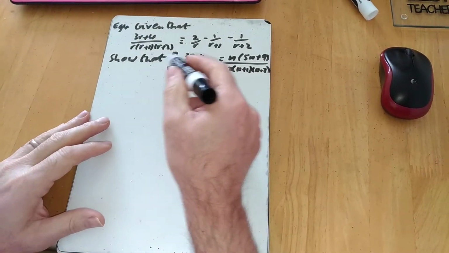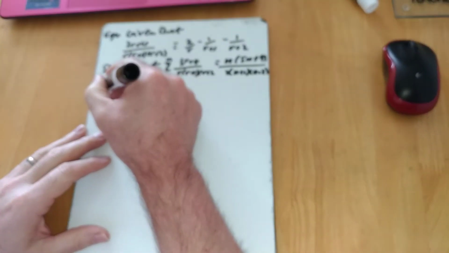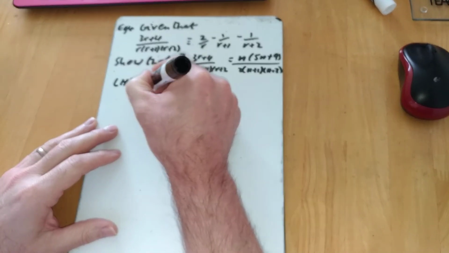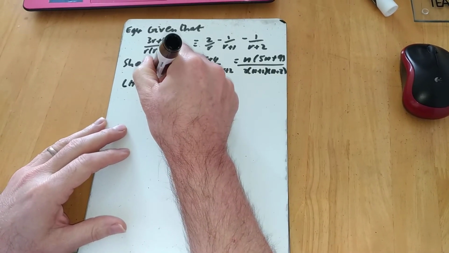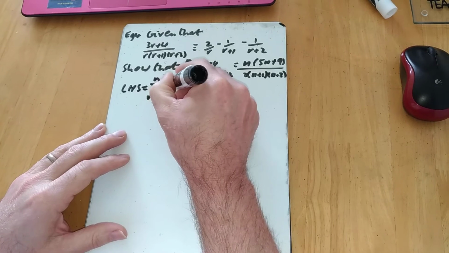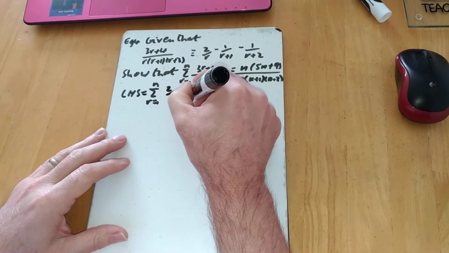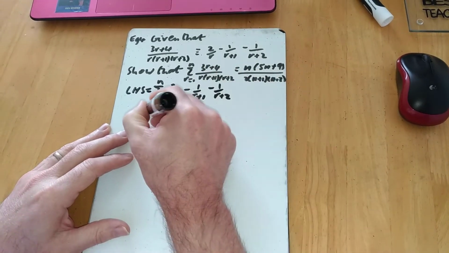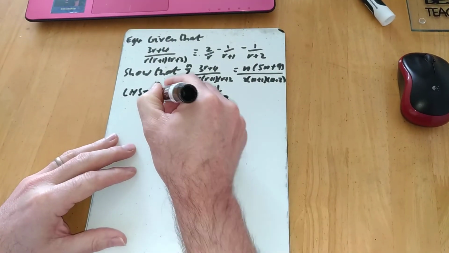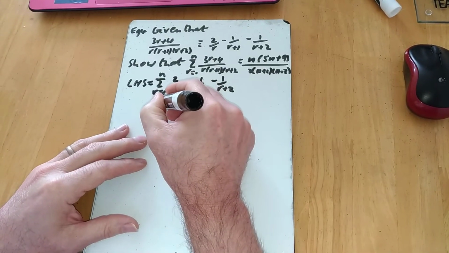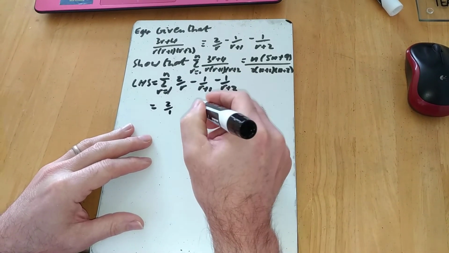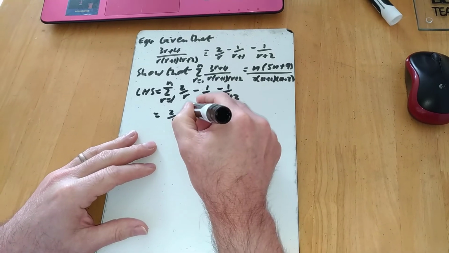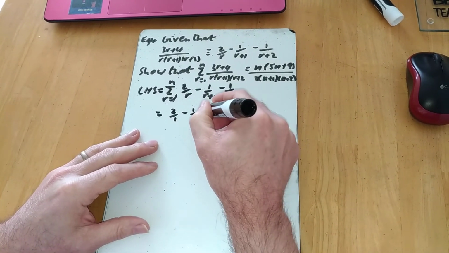All I'm going to do is use the fact that the left hand side is the same as the sum, r equals 1 to n, of 2 over r minus 1 over r plus 1 minus 1 over r plus 2. And just start sticking r equals 1 in, r equals 2 and see what happens. So I get 2 over 1, just leave it as that, because it might be useful, we'll see, minus 1 over 2, and then minus 1 over 3.